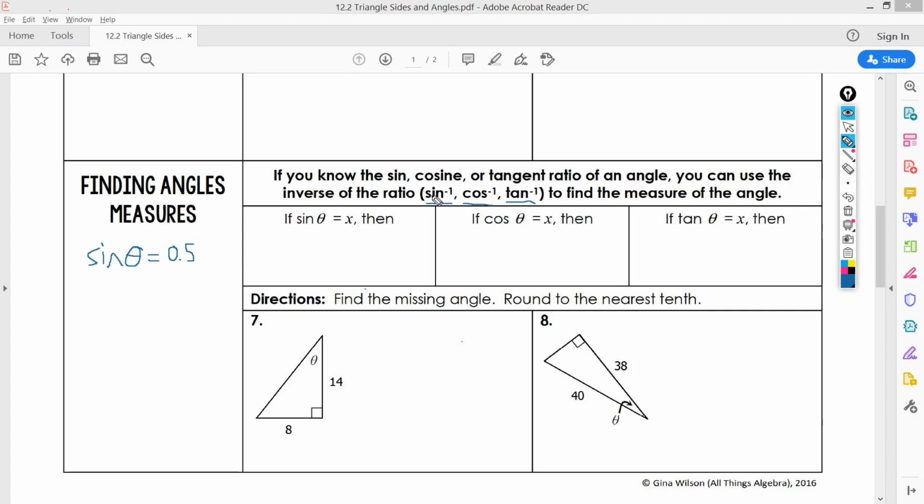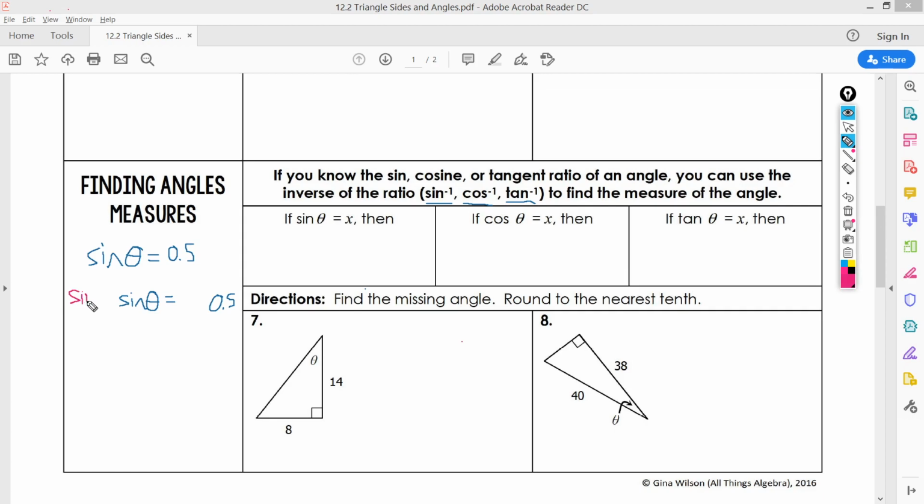And the way you do this is you take the inverse sine of both sides to get rid of sine. So if I have sine of theta equals 0.5, I take the inverse sine of both sides: inverse sine of sine of theta equals inverse sine of 0.5. I should have done that in a different color. Let me do this again, because as I'm writing, I don't know if that's clear.